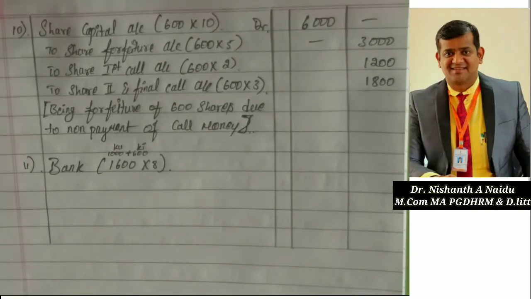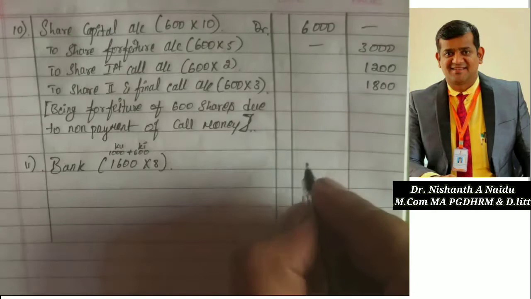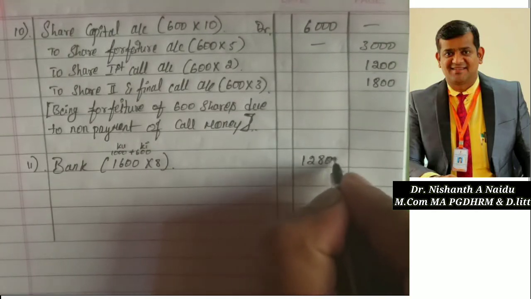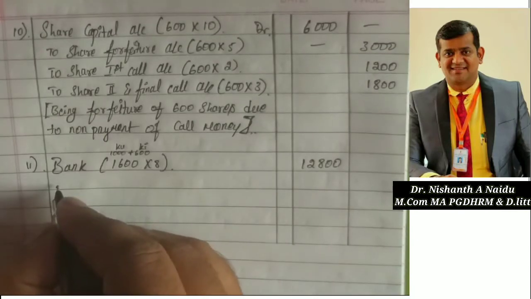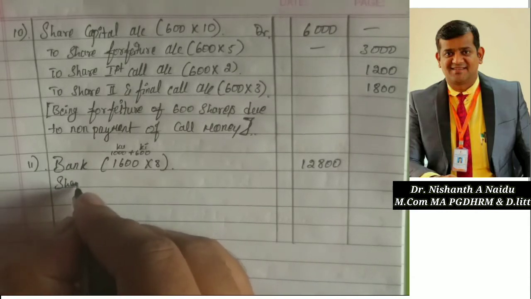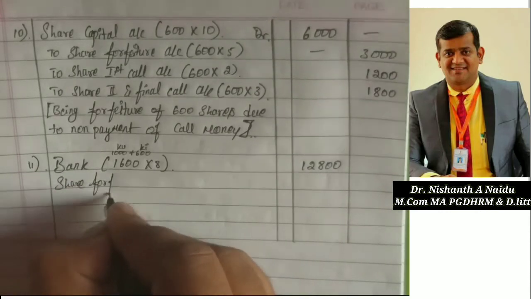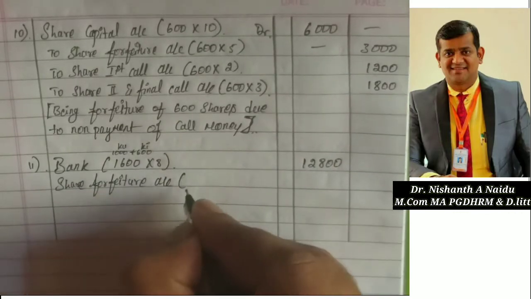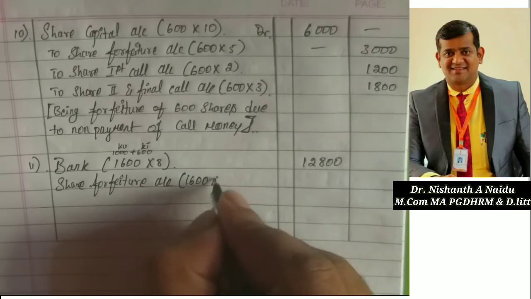So bank account 1,600 into 8. So how much? 12,800 rupees. So then share forfeiture account. So at how much loss are we reissuing?